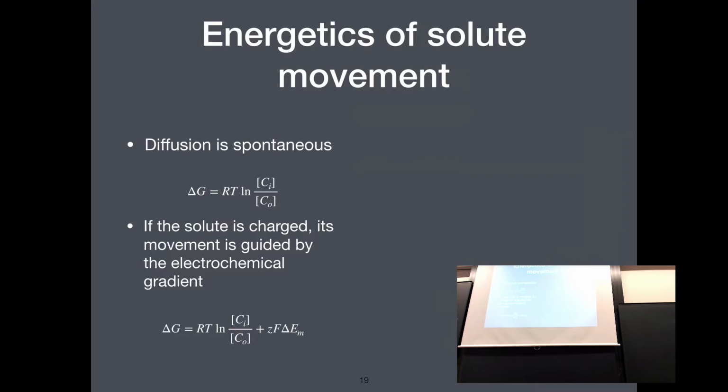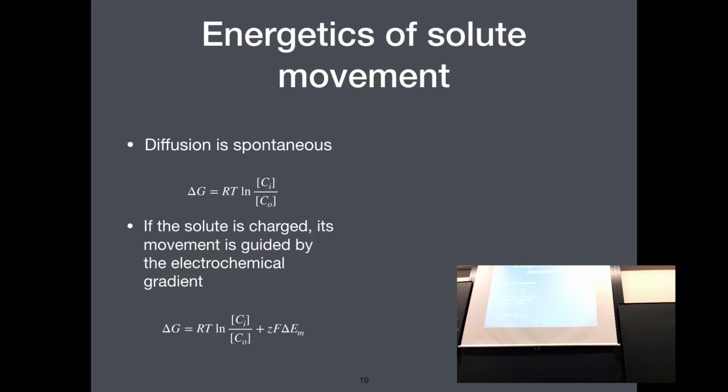F in kcal per volts per mole is 23.06. Times 0.070. This is in volts, because like I said, it's minus 70 millivolts. And if you just apply this, you'll end up with minus 3.1 kcal per mole.